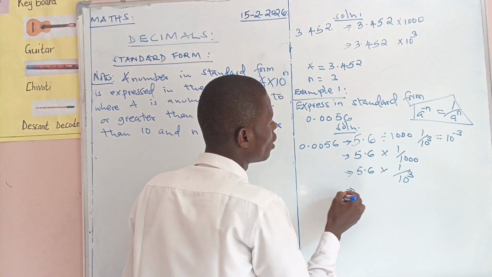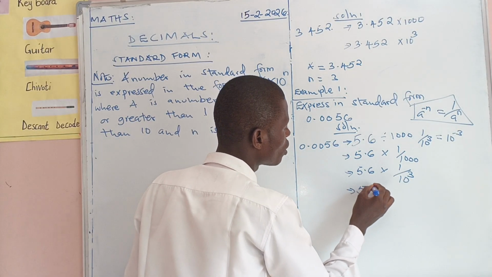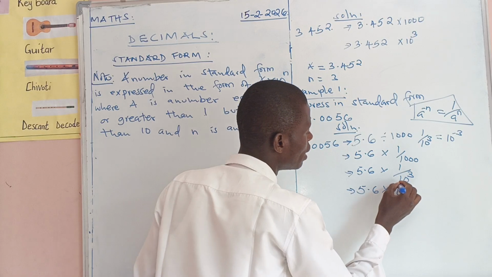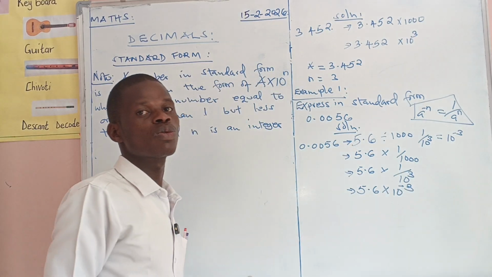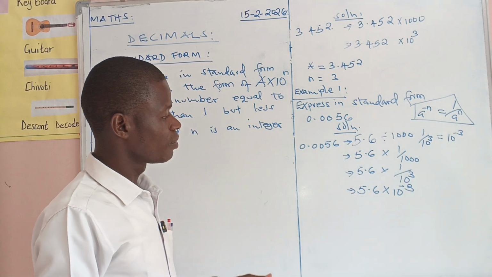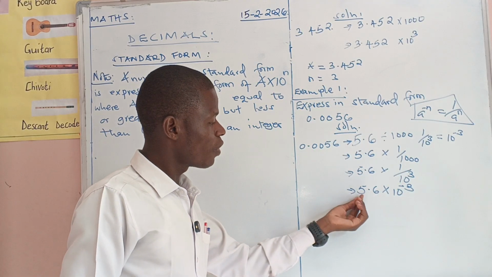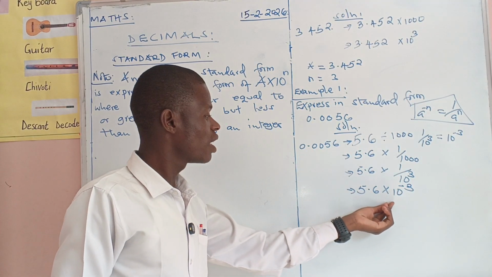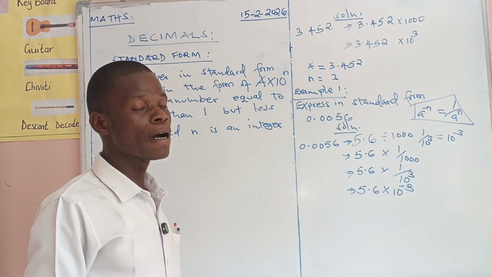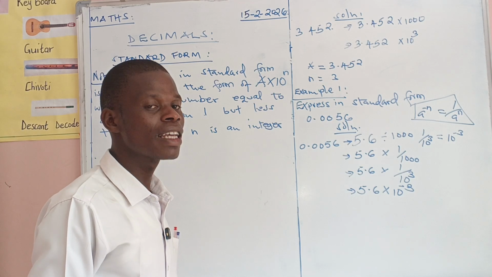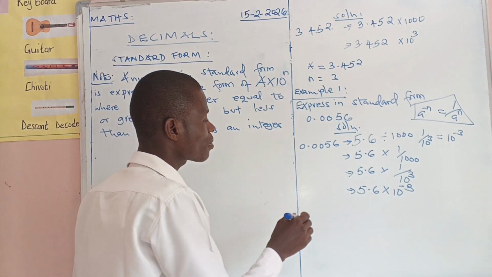So this one in standard form will be 5.6 times 10 raised to the power negative 3. So that is what you need to understand. Now, 5.6 times 10 raised to the power negative 3 is our number expressed in standard form.